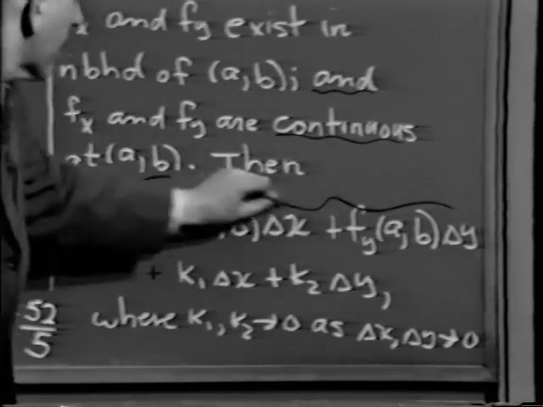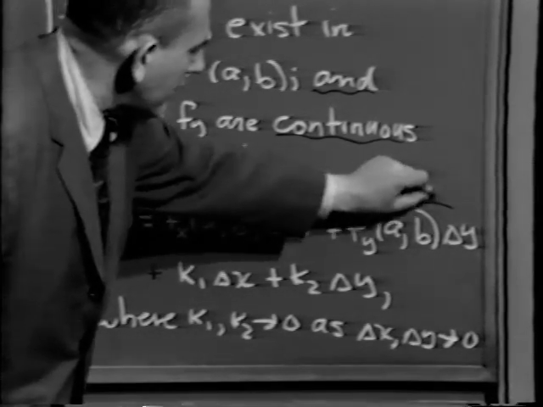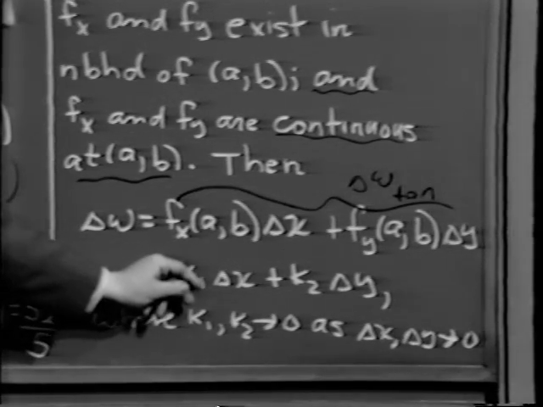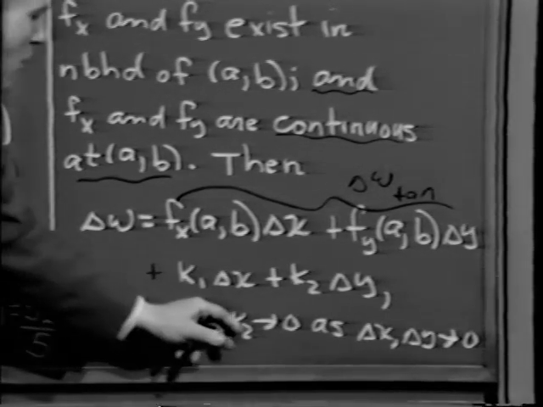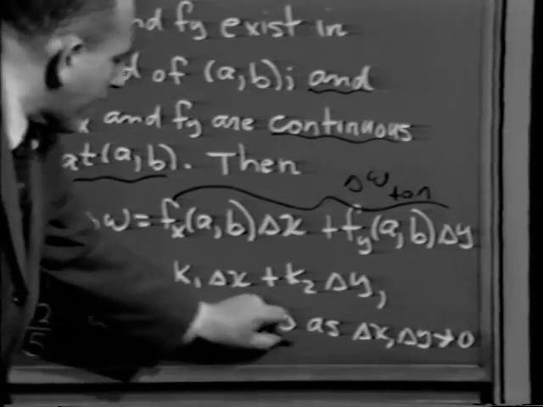And notice, of course, that this is the thing that we've been calling delta W tan, plus an error. And the error has the form k1 delta x plus k2 delta y, where k1 and k2 both approach 0 as delta x and delta y approach 0.